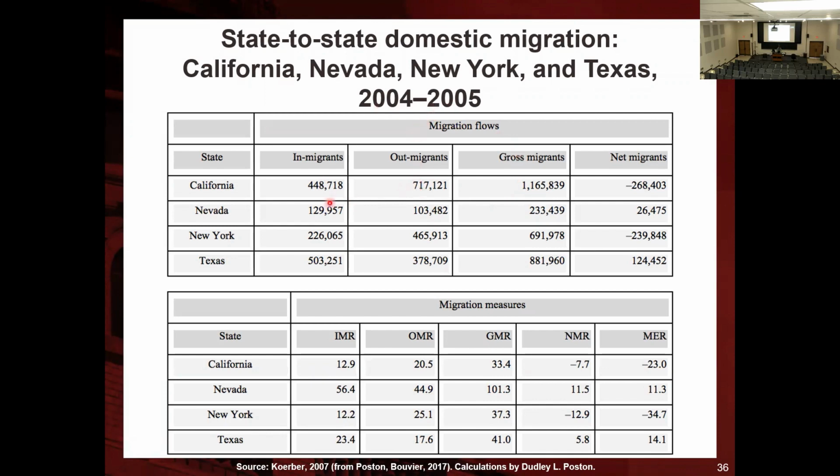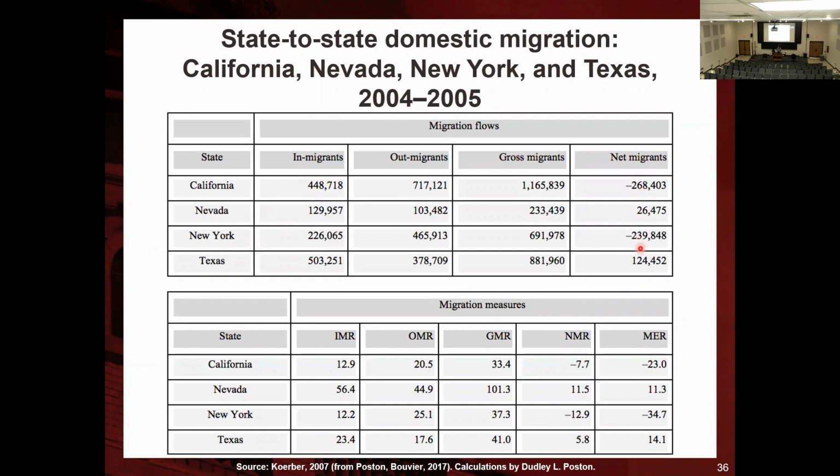And this number of in-migrants minus out-migrants shows that California within this period lost 268,000 people through migration more than what it gained, right? So the net migration for the state of California here was negative.